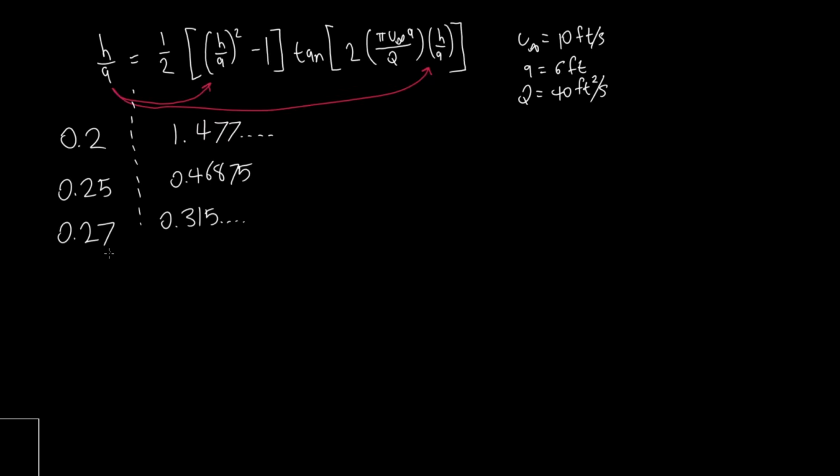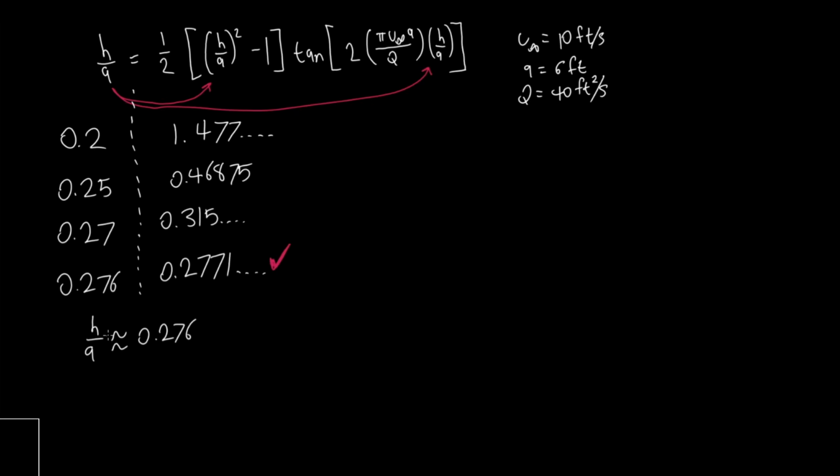Again, we're getting closer. Let's go to 0.276, and what we're going to get is 0.2771. Honestly, this is where you have to say this is close enough. So we will say h over a is roughly equal to 0.276. We'll put a big check mark right there to say that's close enough.